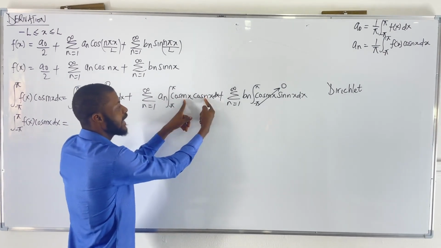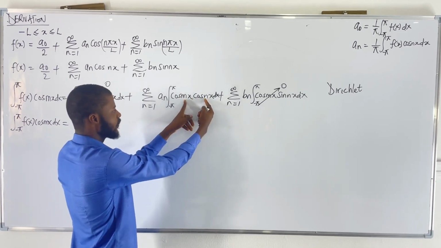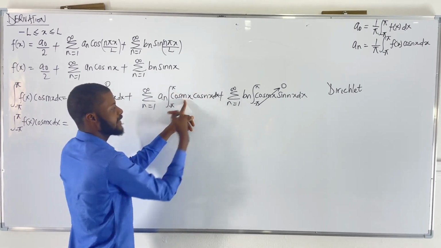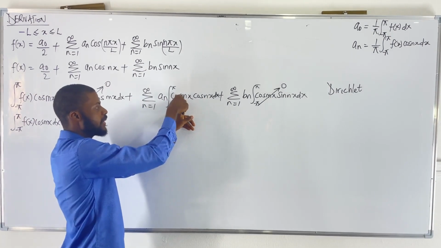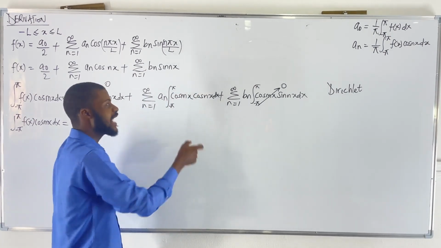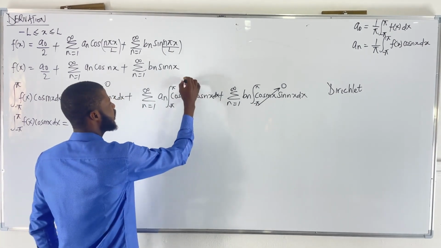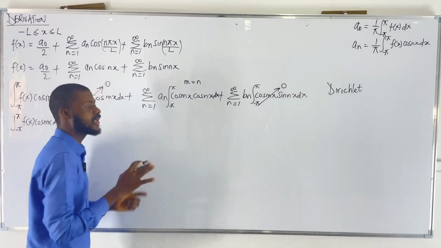It can only be a cosine squared if the m and the n are the same, because you cannot have two different things giving you a square. They have to be exactly the same. So if these two things are exactly the same, I'll say let m equal to n, so that they will be the same.